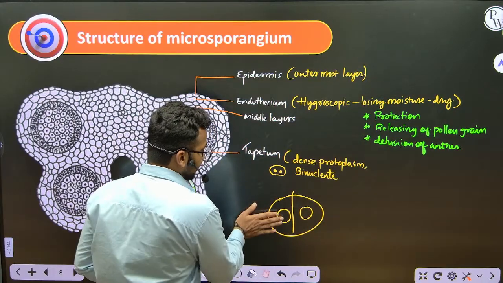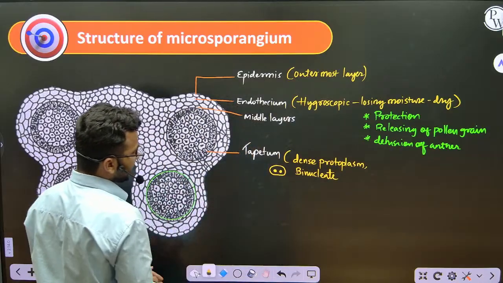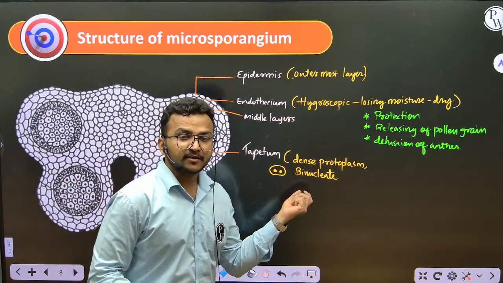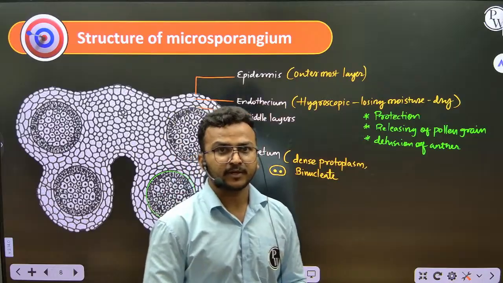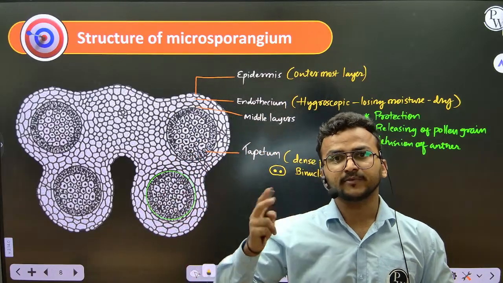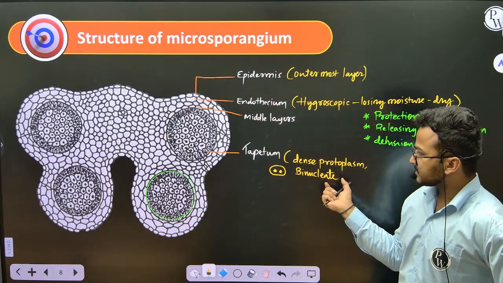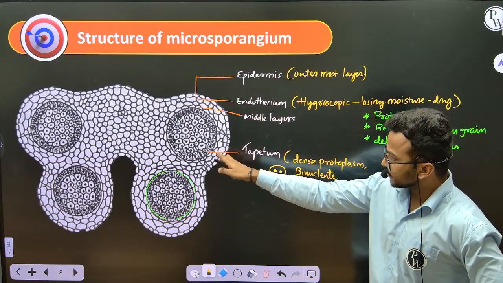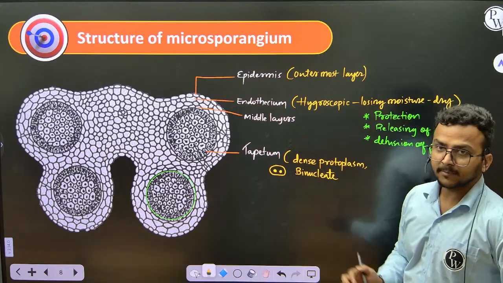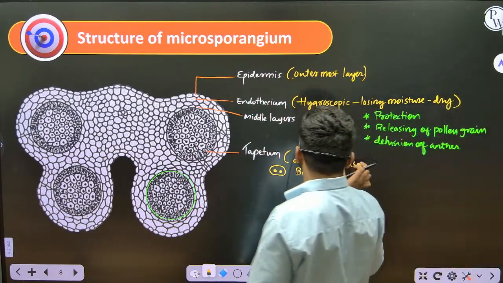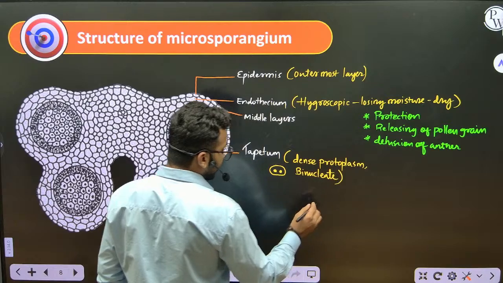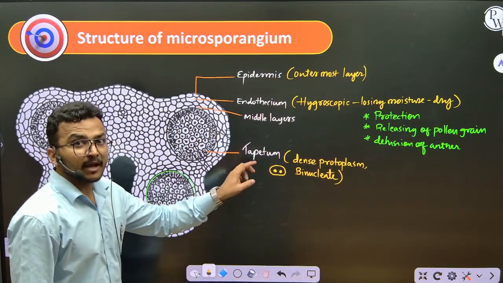In the case of tapetum cells, no wall formation takes place. Due to that, there are two nuclei within the same cell. So it is binucleate, and dense protoplasm is seen. That is about their appearance.